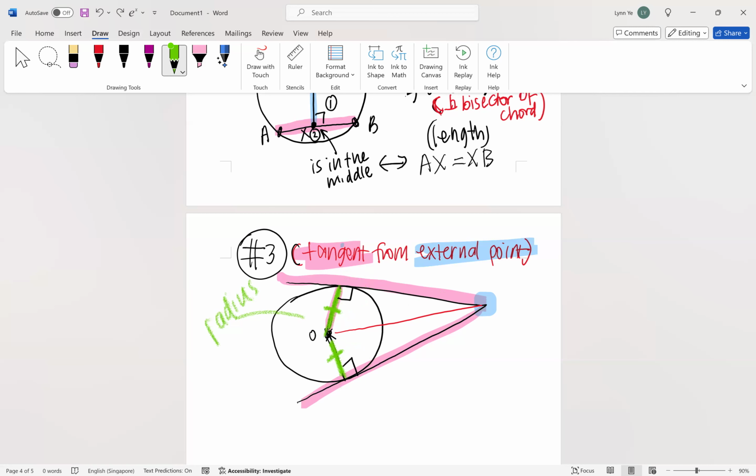Your teacher can actually combine congruence and similarity into this question, and also trigonometry. So technically, if this number 3 comes on your exam, you need to be very good in 3 topics: congruence and similarity, trigonometry, and circle properties.